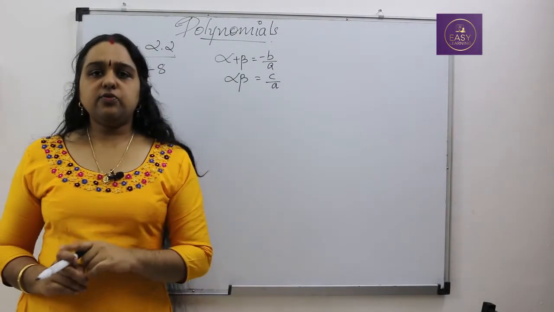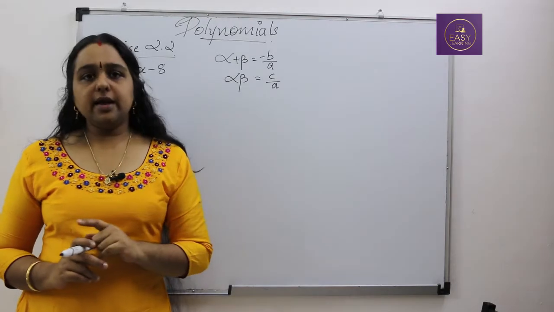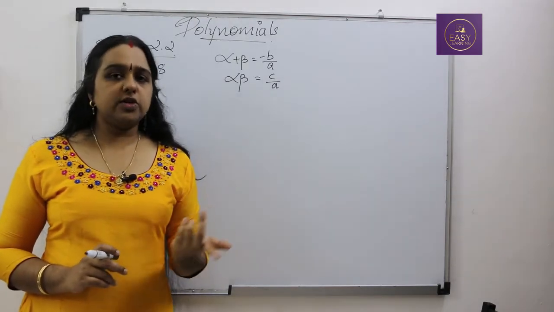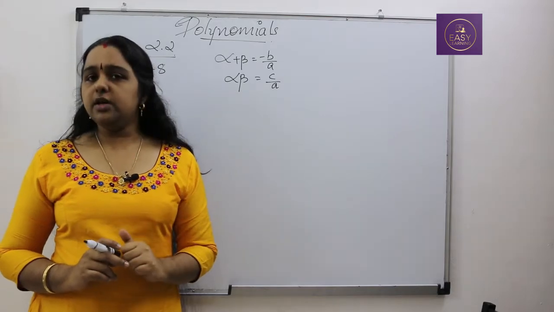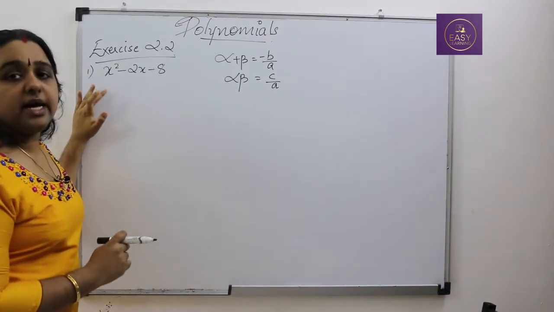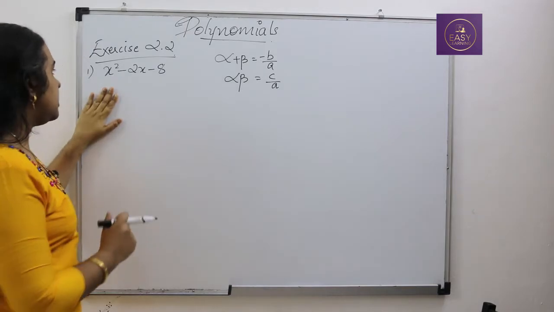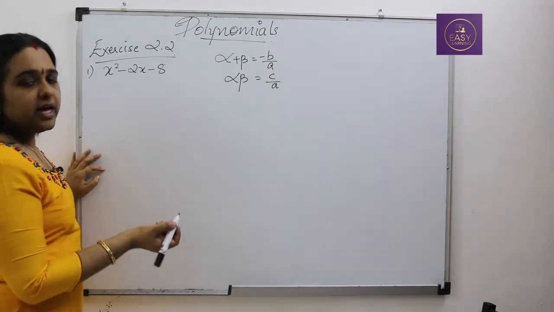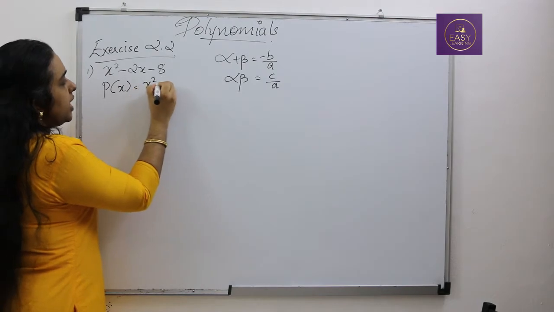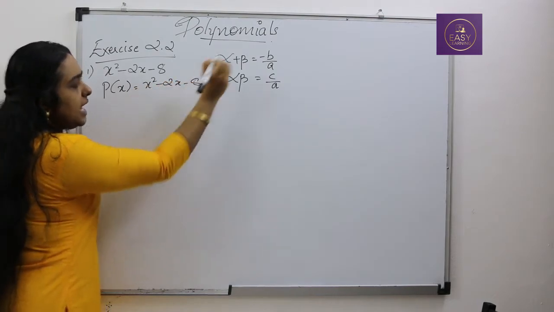Okay, now let's move on to our exercise 2.2. First question is to find the zeros of the polynomial and check the relationship between coefficients and the zeros of the polynomial. First question is x square minus 2x minus 8. So what we have to write? The first thing you have to write is p of x equals x square minus 2x minus 8.